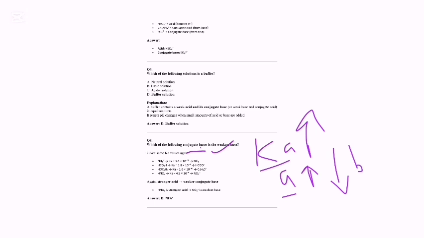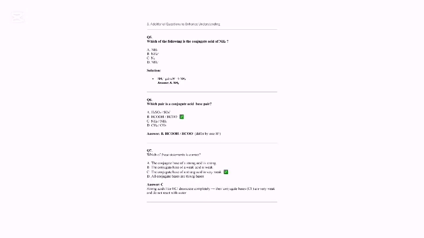The answer is where the Ka is large, which is HNO2. When you look there, the Ka is bigger, so it will be the weak conjugate base. That is the only thing we need to know. Let's proceed.